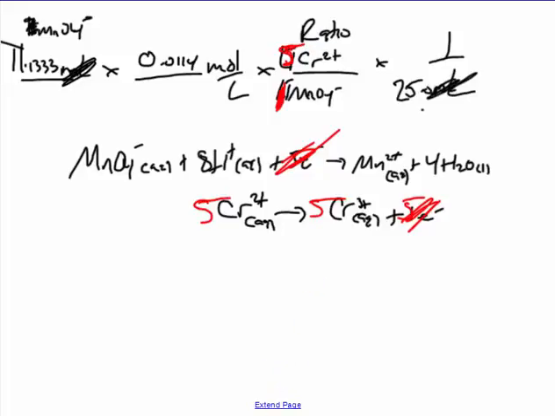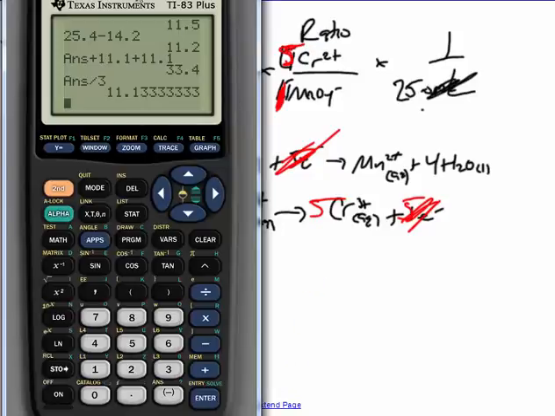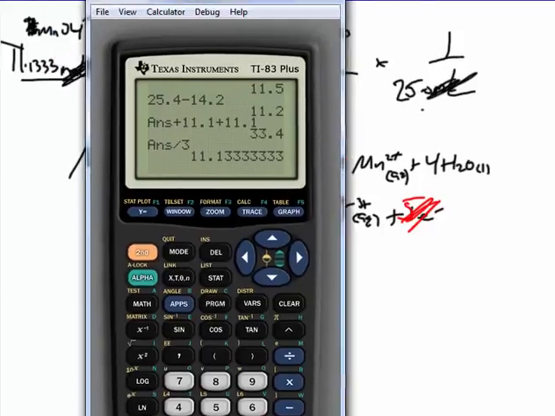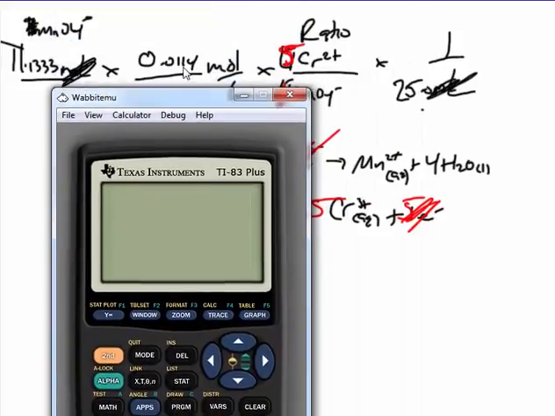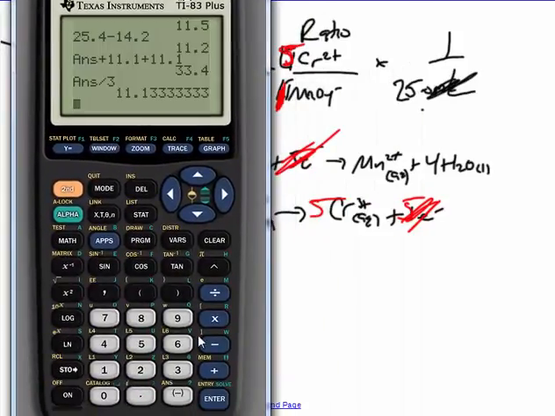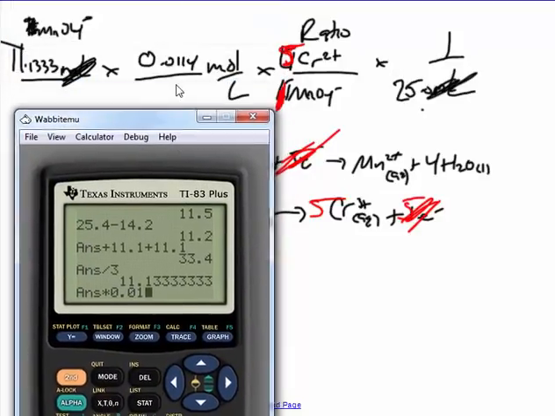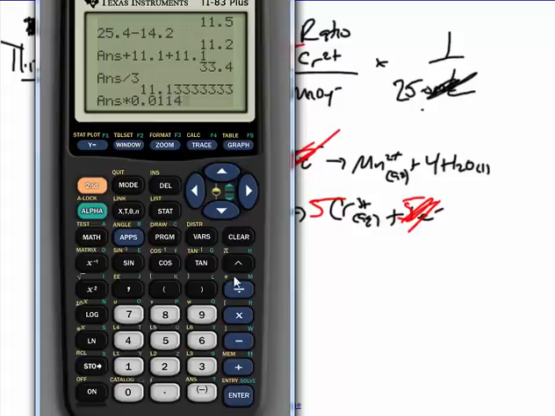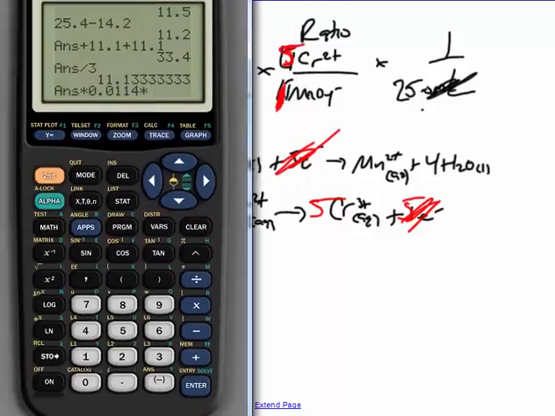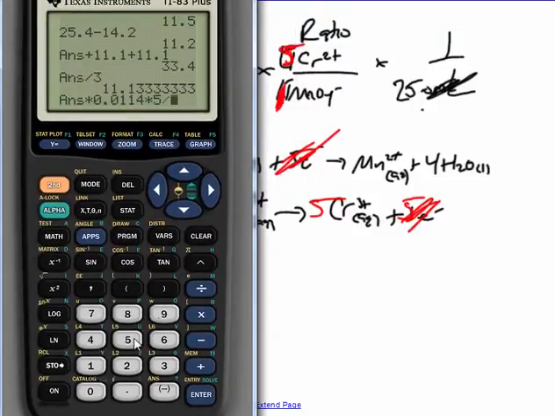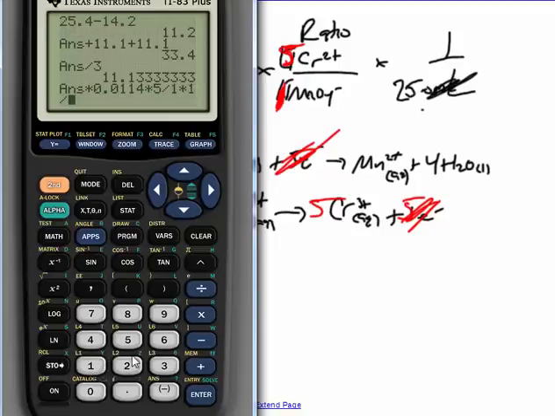So we just need to do the math now. I'm going to take 11.13 repeating, which is already in my calculator, times it by 0.0114, times by 5, divide by 1, which I guess I could skip, times by 1, which I guess I could skip, and then divide by 25.0.